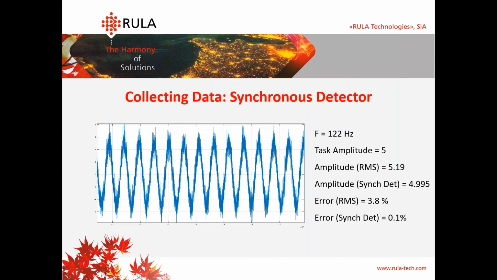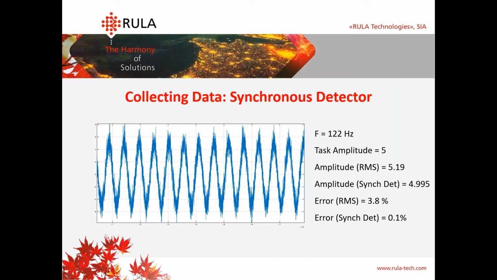Using the RMS method, we receive a resulting amplitude of 5.19 and get a 3.8% error. But using the synchronous detector, we get an amplitude of 4.995, and the error is less than 1%. So when you have some noise on your signal, it's better to use the synchronous detector.